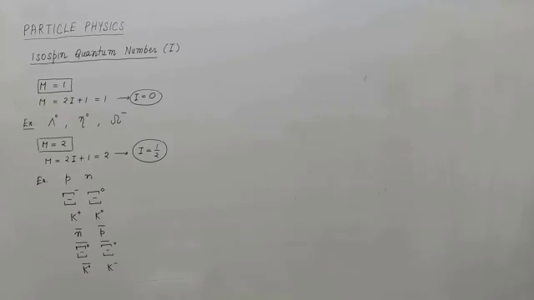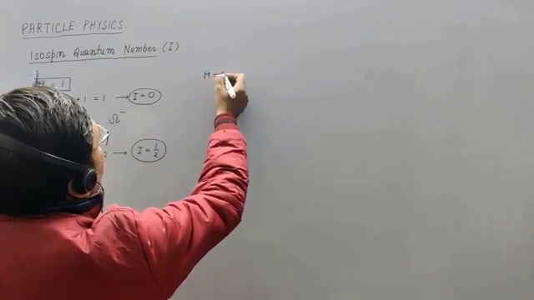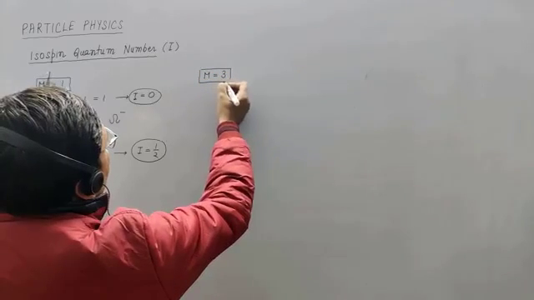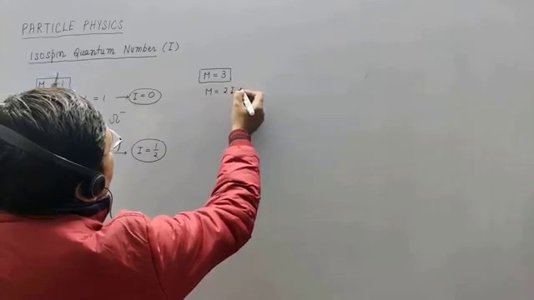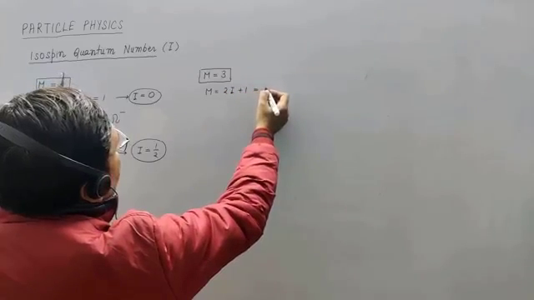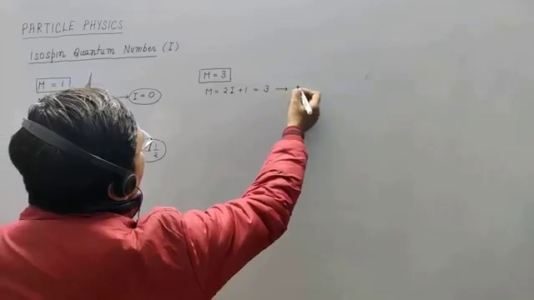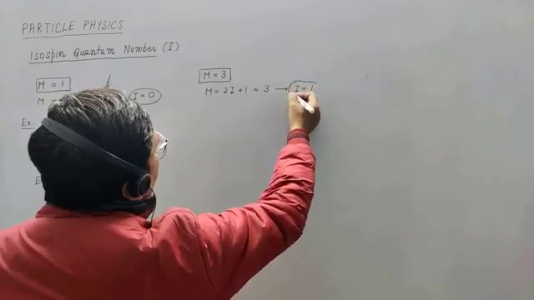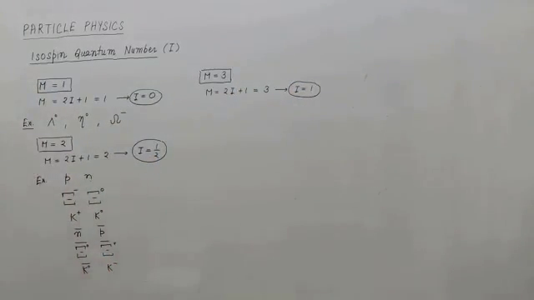Now come to m equal to 3. Example of m equal to 3. If m equal to 3, then m is equal to 2I plus 1, and this will be equal to 3. So what will be the value of isospin for this set of particles? It will be 1. So when charge states are 3, isospin will be equal to 1.